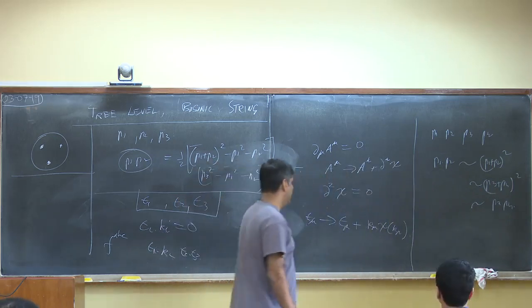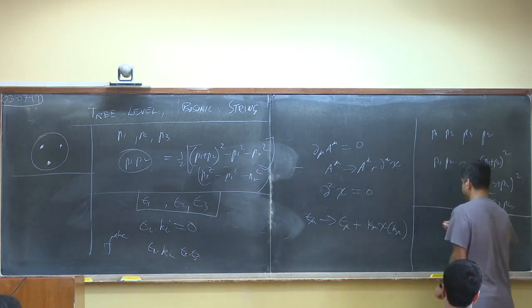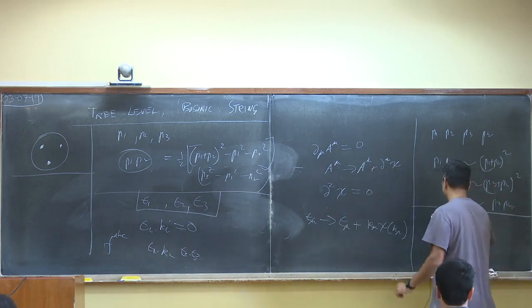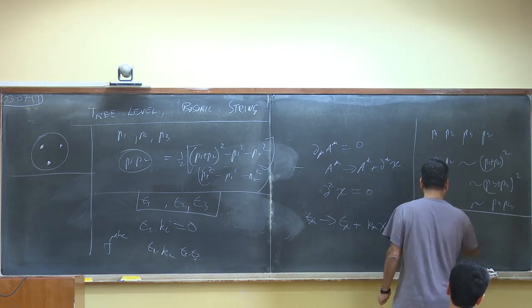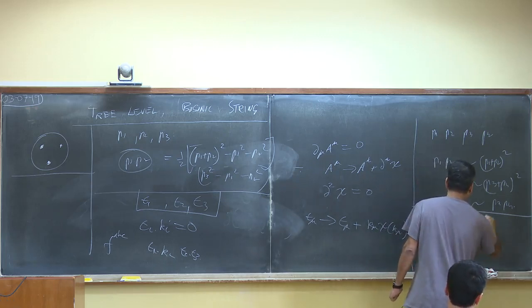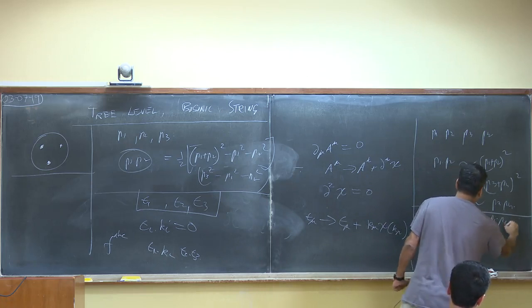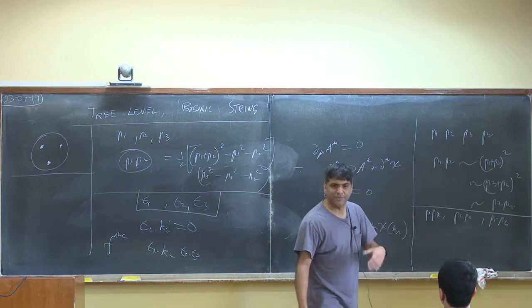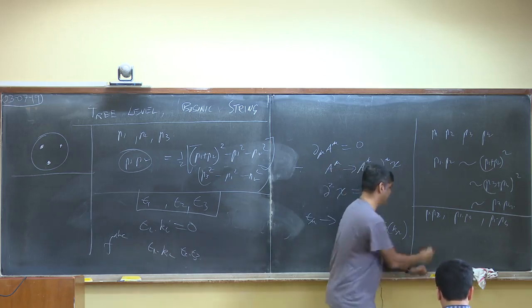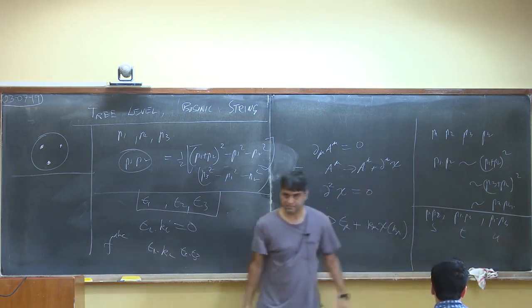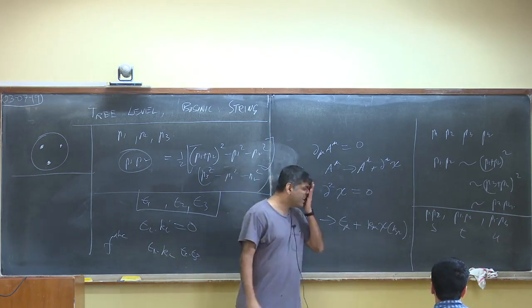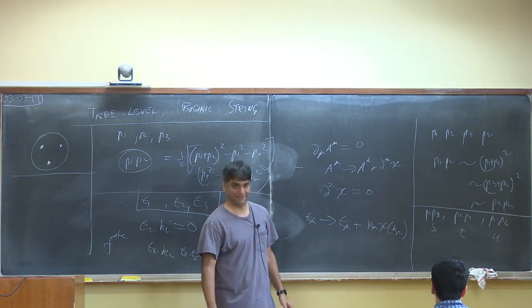There are 3 such combinations you can form: S, T, and U. So P1 dot P2, P1 dot P3, and P1 dot P4, which up to some factors of 2 that we'll get straight in Polchinski's convention soon, are called S, T, and U. Now, S, T, and U are not completely independent.